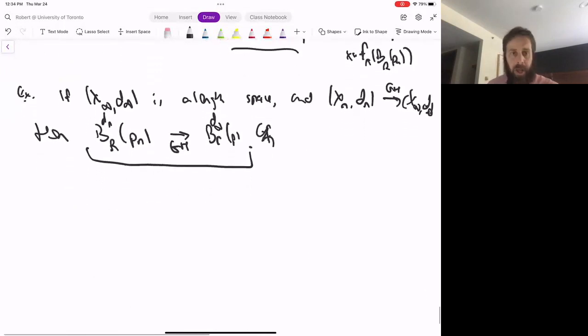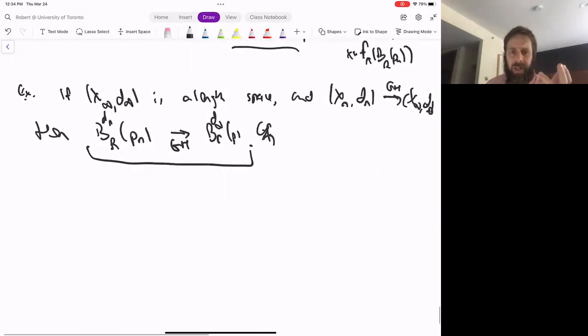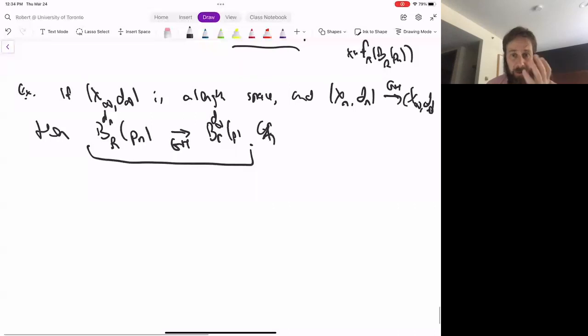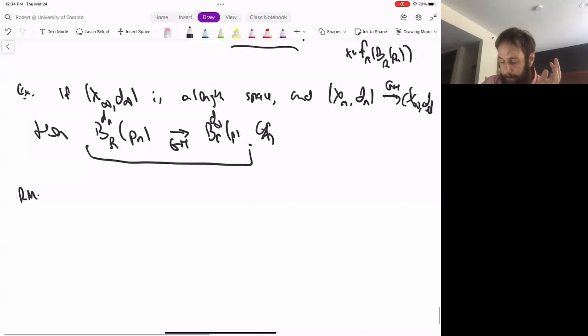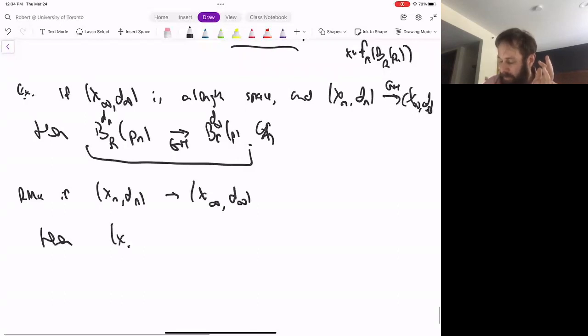As usual, just as we saw for subsets of a given metric space, Hausdorff convergence of the subsets to a limit implies Hausdorff convergence of the subsets to the closure of the limit. It's true that if you have a sequence converging to a limit, then it also converges to the completion of that limit.